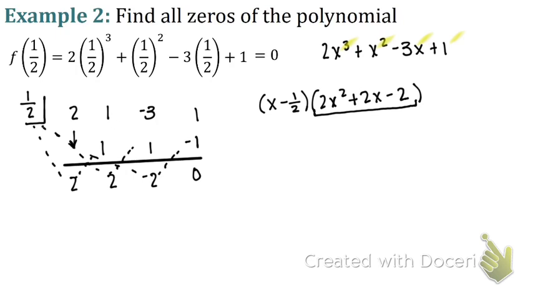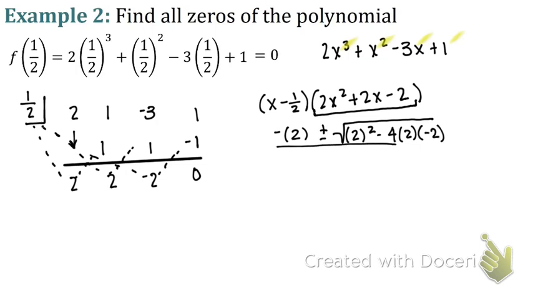We know that 1/2 is our only real root, meaning that the other two roots, because we have to have a total of 3, are complex, and the quadratic formula is what allows us to find complex roots. So we have negative b plus or minus the square root of b squared minus 4ac all over 2a.